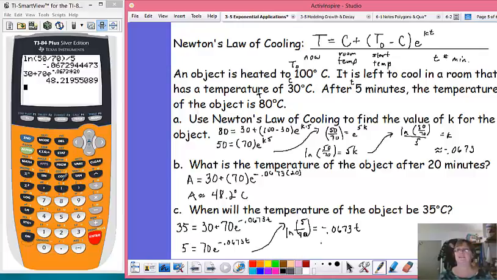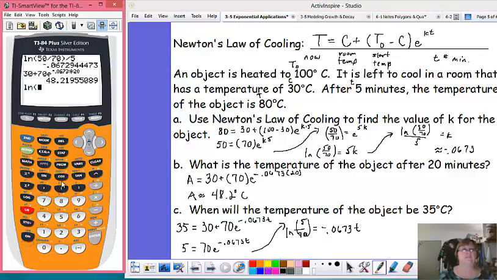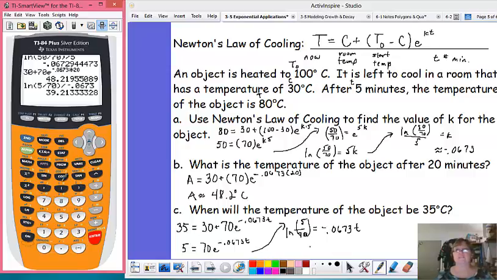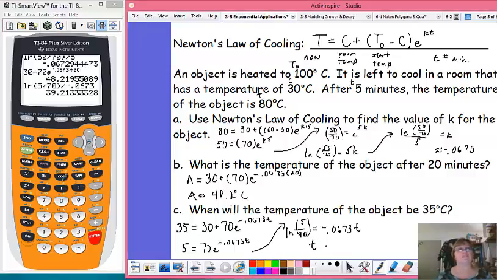So to find t, the number of minutes that it takes, we're going to take the natural log of 5 over 70 and divide it by that cooling rate, which is negative 0.0673. According to this, the time that we'll need to wait is right around 39 minutes, about 39.2 minutes to be precise.